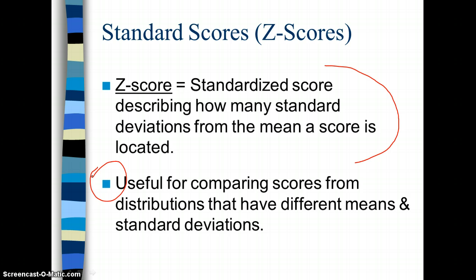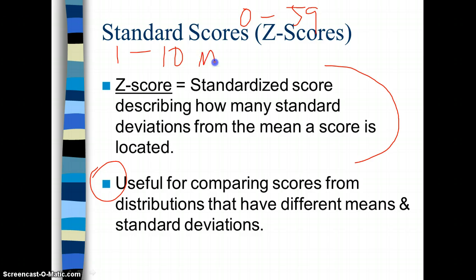So a very simple way to think about this is you might want to compare the results that students had on two different kinds of tests. Maybe one of those tests went from 1 to 10 possible points, and the other one went from 0 to 59 possible points.